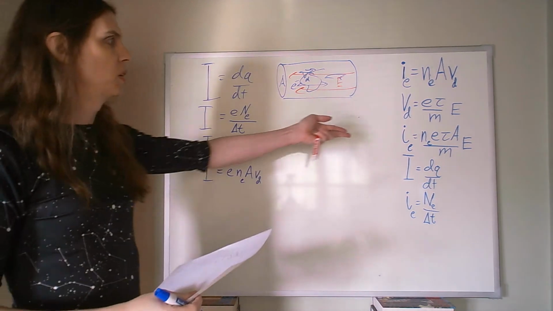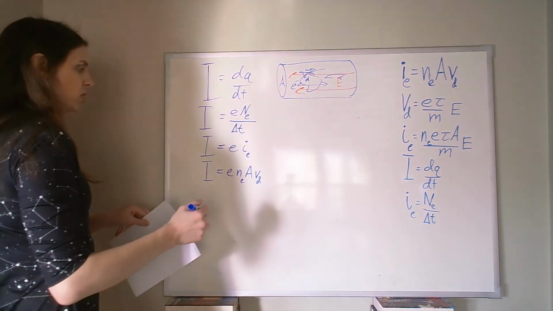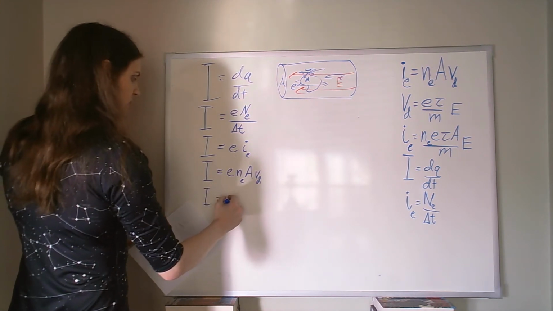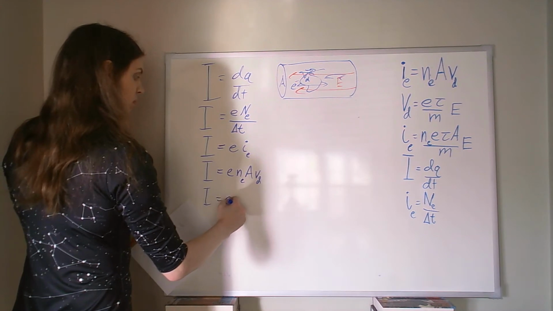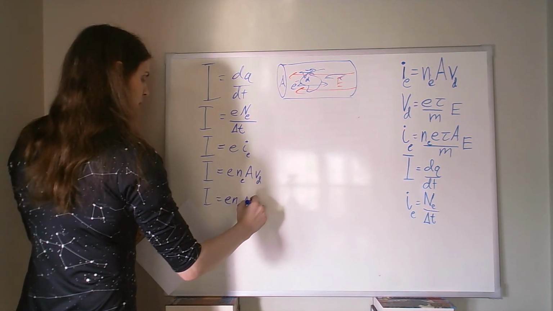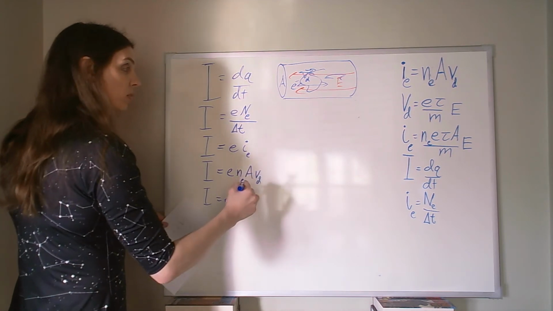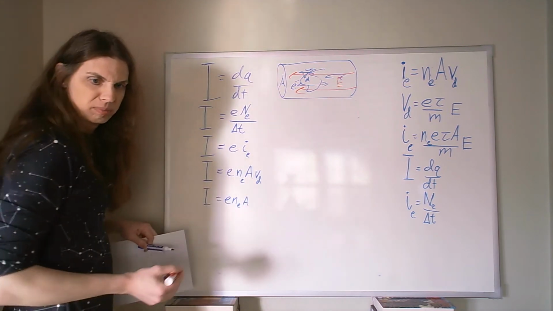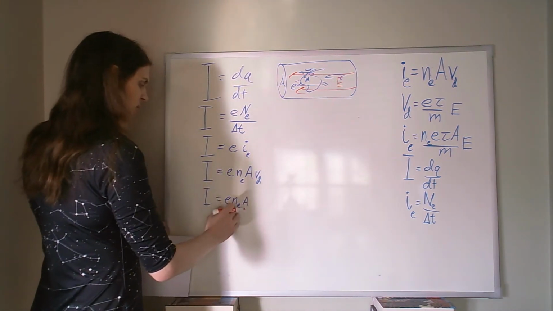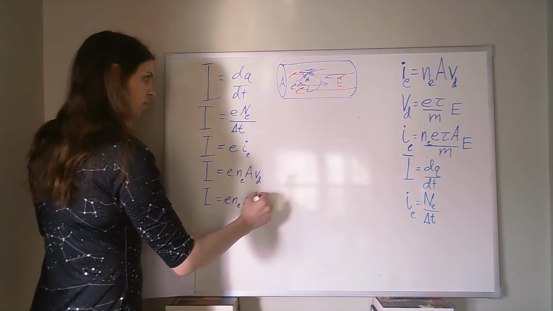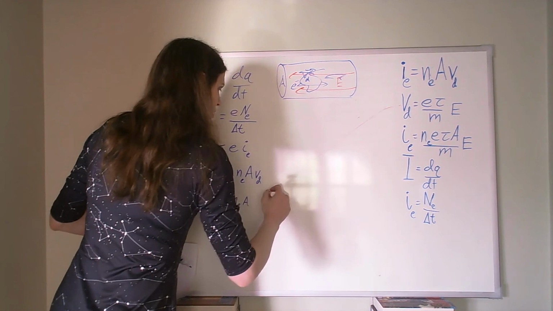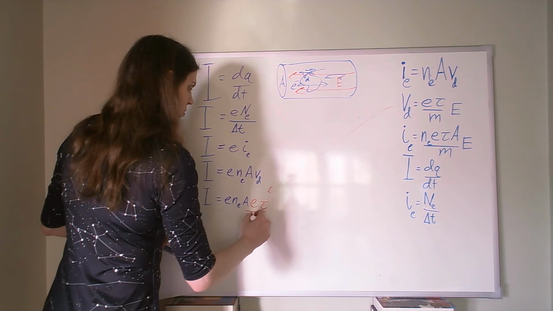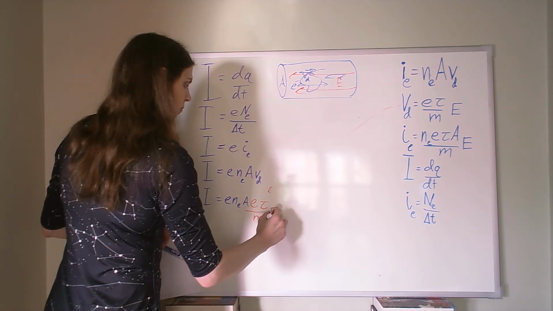We can work with it in this way, with that substitution, and we get e times n_e times A, and we'll bring all that over, times e again, tau over m_e.